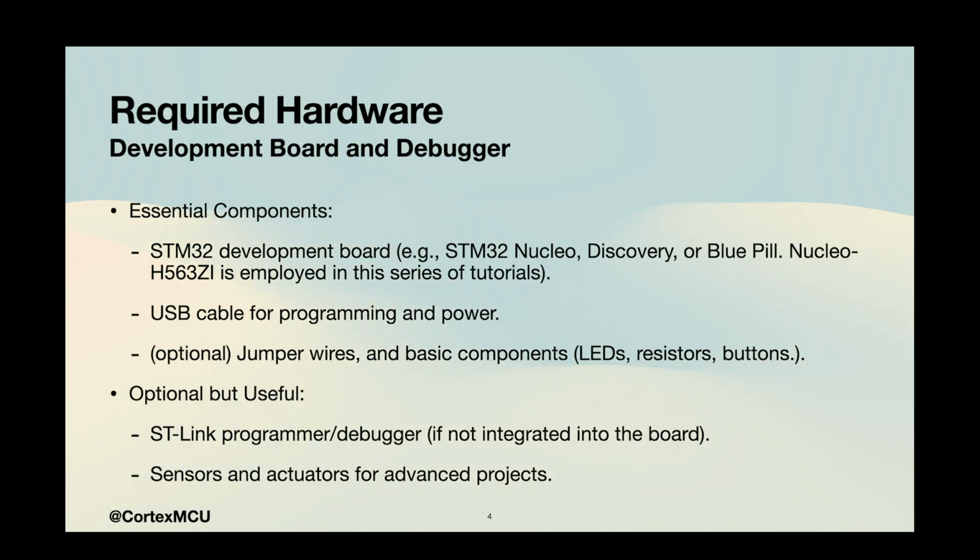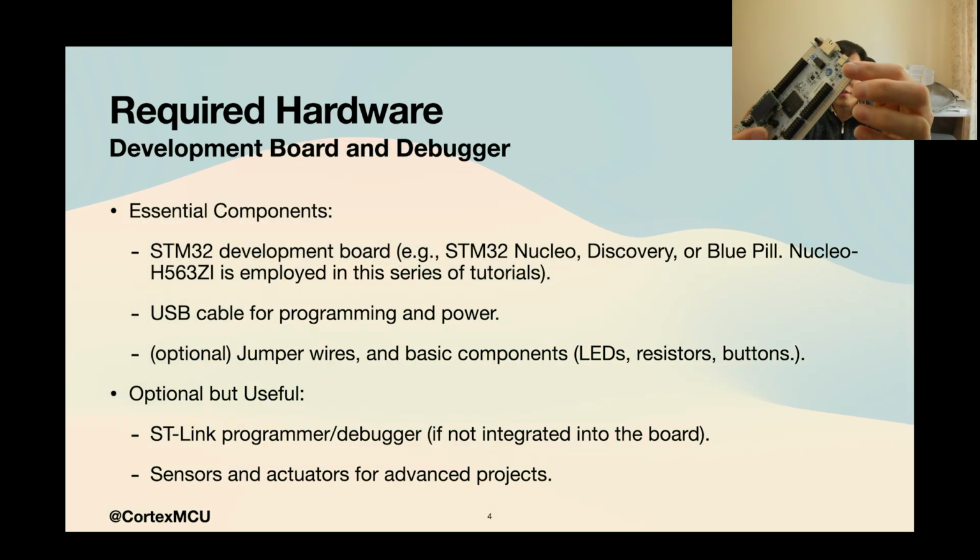Next are jumper wires and basic components like LEDs, resistors, and buttons. But also it's optional, because we are using the Nucleo H563ZI. There are already built-in LEDs and buttons on the board.